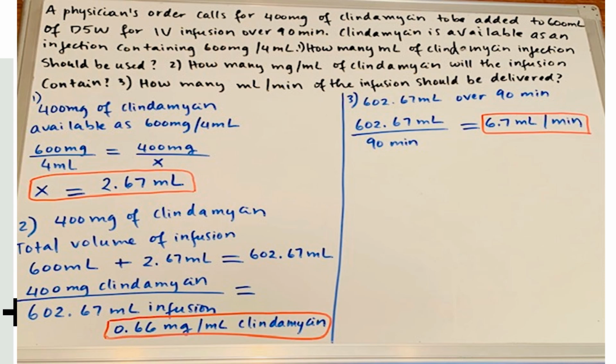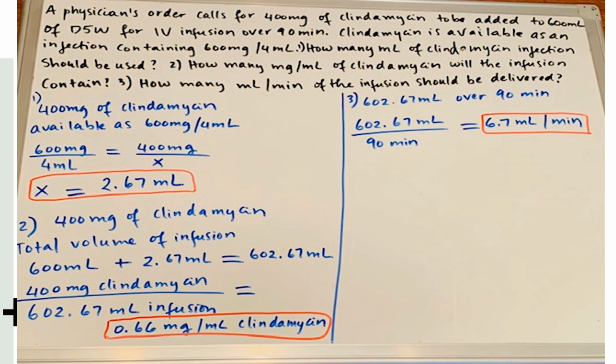Now, the second question is, how many milligrams per ml of clindamycin will the infusion contain? So here they're asking us how much clindamycin is in the infusion. That's pretty much what's being asked. So we know we have 400 milligrams of clindamycin. Now, what is the total volume of the infusion?